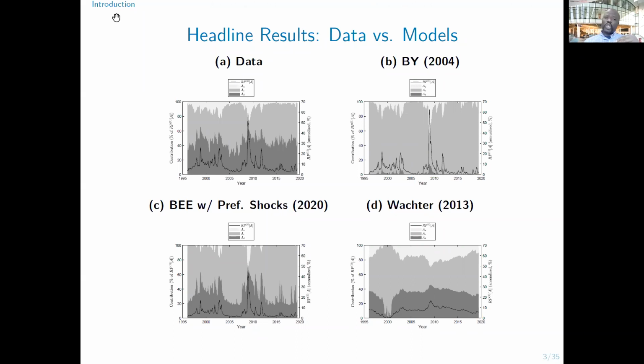The medium shaded area represents the contribution of the center of the distribution to the total equity risk premium over time. And the lightest shaded area, on top, represents the contribution of the right tail of the distribution of the market.